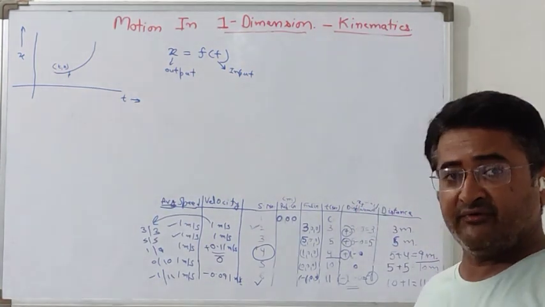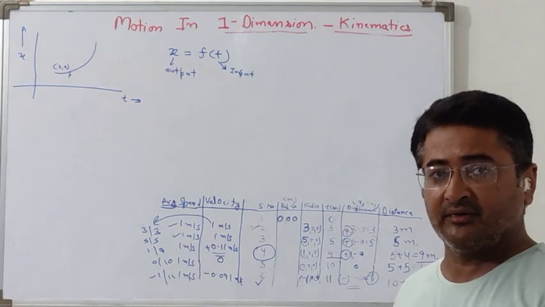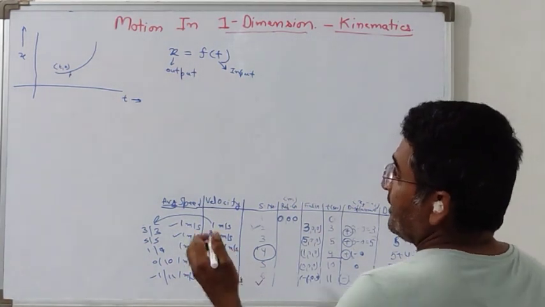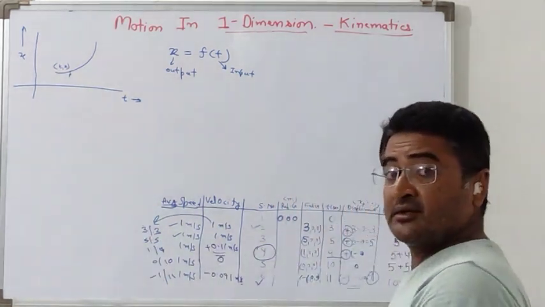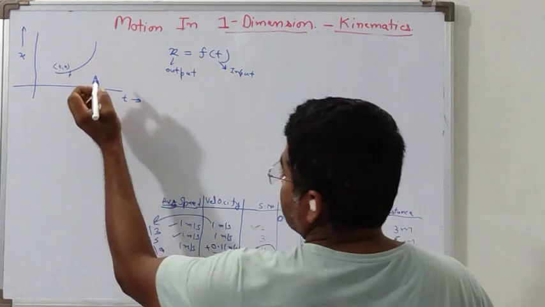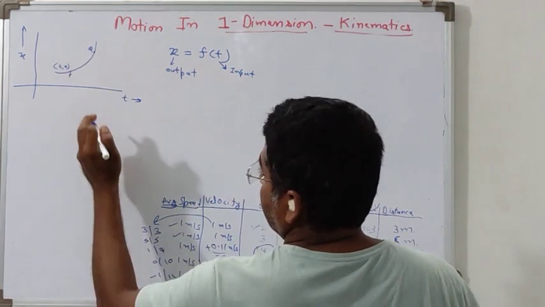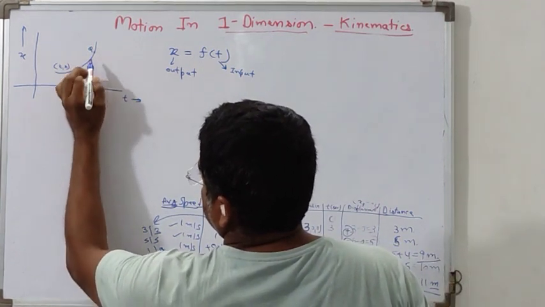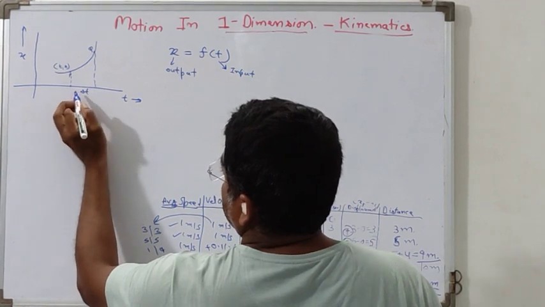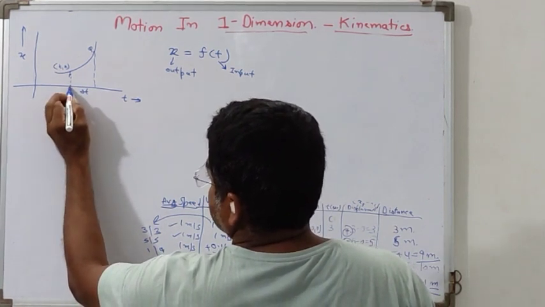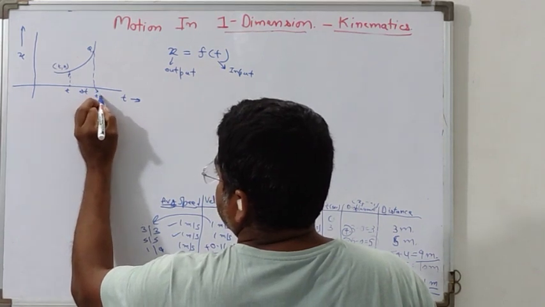Our target is to find the instantaneous velocity at this point P. So currently we have knowledge of average velocity, that is change in position divided by the time interval. To calculate the average velocity, we should also consider another point. So we consider another point Q, at a distance of delta t along the horizontal axis. This is t and this will be t plus delta t.